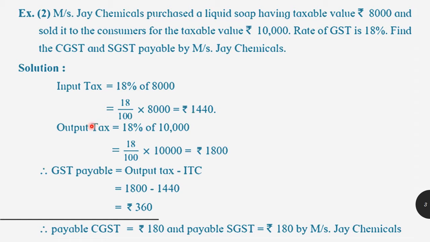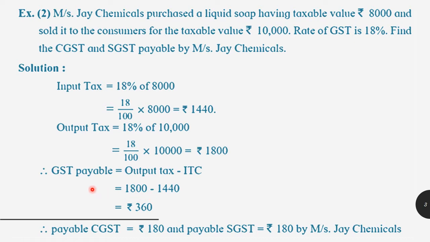Next, output tax means tax collected while sale. The selling price is 10,000, so you apply 18% on 10,000 to get the output tax. That will be 1,800. Now the difference between output tax and input tax will be the GST payable. So GST payable is equal to output tax minus ITC, that is input tax credit. So 1,800 minus 1,440, and the difference is rupees 360.